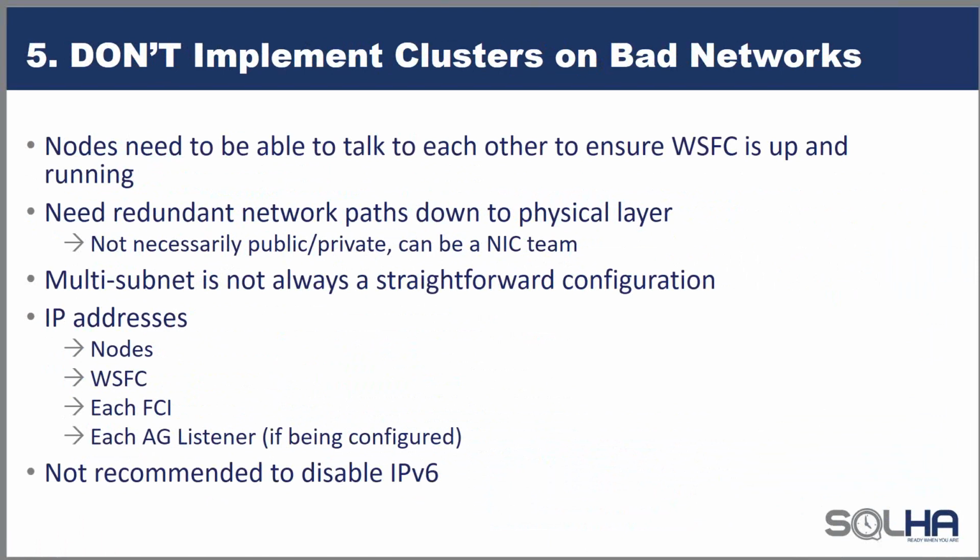This is one reason why implementing AGs with a listener can be difficult in some environments, because if you want to use AGs everywhere and have 1,000 AGs, that's potentially 1,000 IP addresses you'll need in your environment if you're going to use a listener. Can you do that? You really need to think these things through.